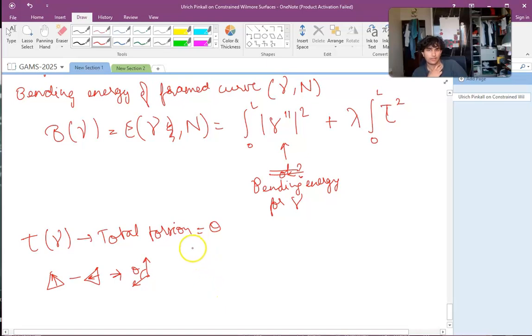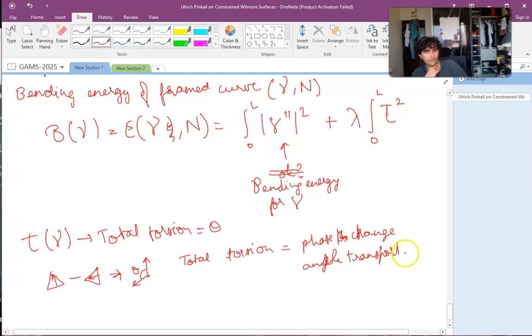Total torsion is defined as, let me write the definition, total torsion is equal to either the phase change, or you could say the angle transport, from the start to the end. Or the angle of twist.